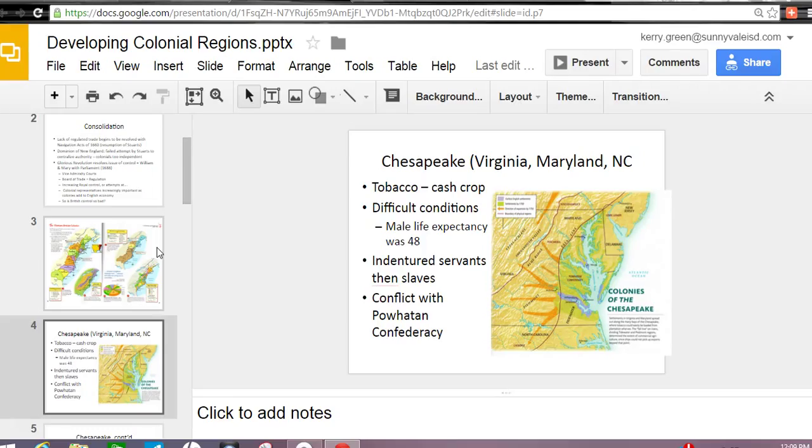And this, of course, factors into the overall slave story that we'll be talking about with Northup. You have very difficult conditions. Male life expectancy still was not particularly great, because the farther out on the frontier you were, the more likely you were to be damaged. The emergence of slavery. You had a number of conflicts with the Powhatan Confederacy. Those tend to wane over the years as we exert more royal control and that kind of thing.